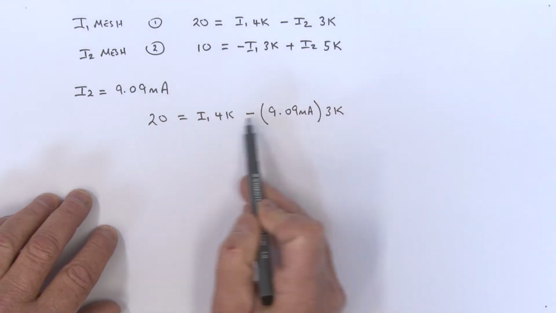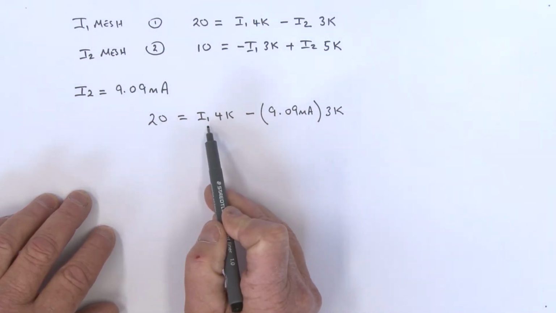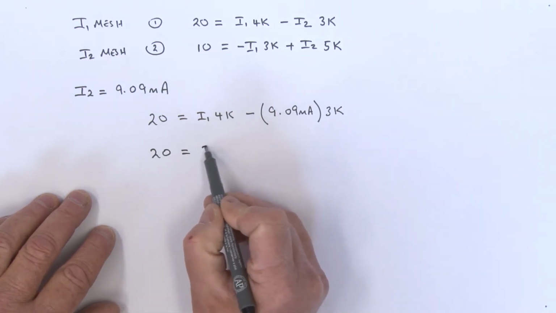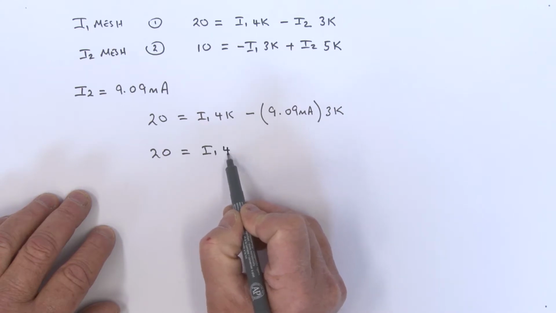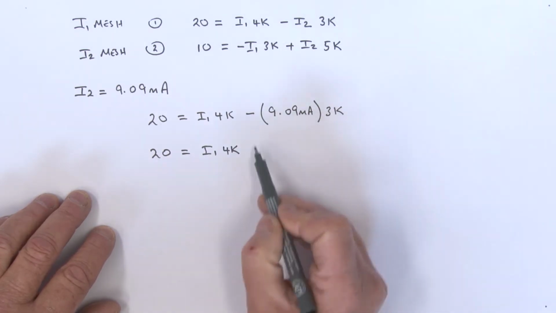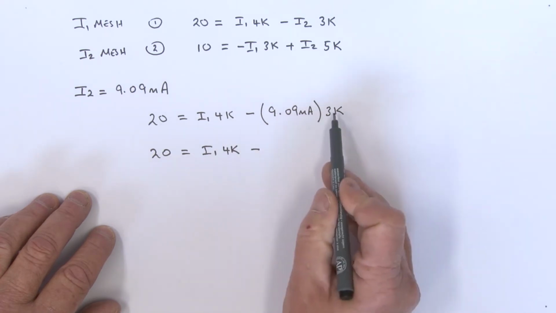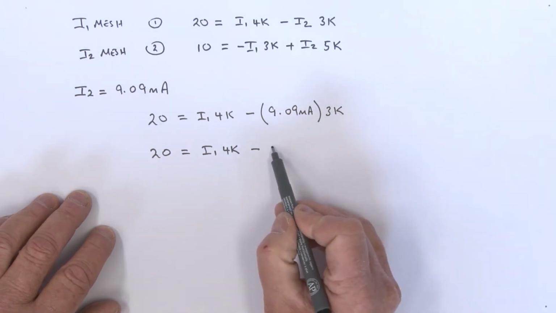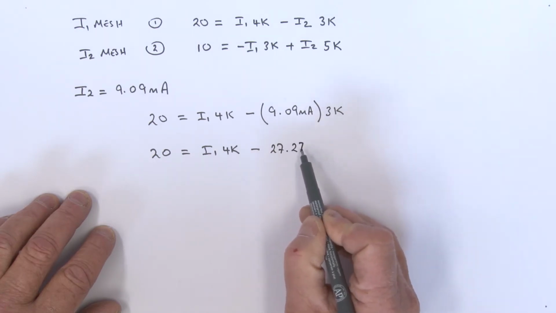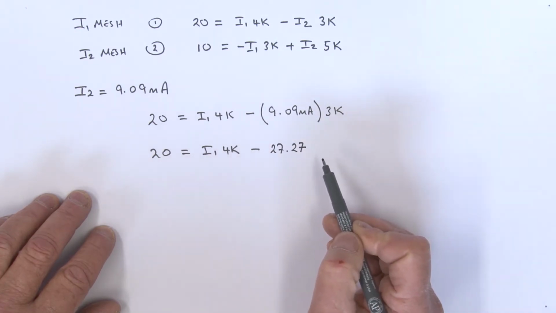The only unknown here is really I1. Let's take this a step further. 20 is equal to I1 times 4k, and let's evaluate this part. We have a minus 27, and again with a bit of rounding, 27.27 volts.